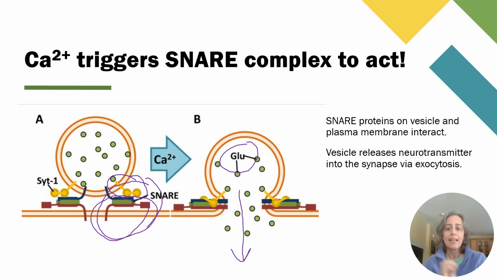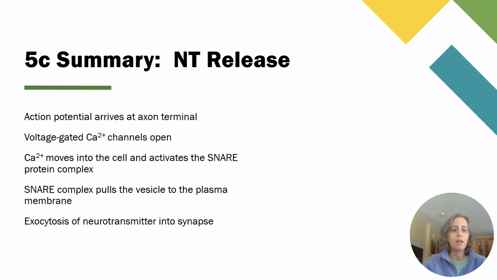So again, calcium is what triggers the SNARE complex to pull the vesicle down to the membrane where it fuses and releases the neurotransmitter into the synapse. So the action potential arrives, voltage gated calcium channels open, calcium moves in and activates the SNARE complex of proteins. The SNARE complex pulls the vesicle down to the membrane and the neurotransmitter exits the cell via exocytosis and into the synaptic cleft.